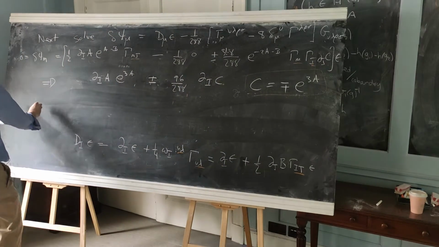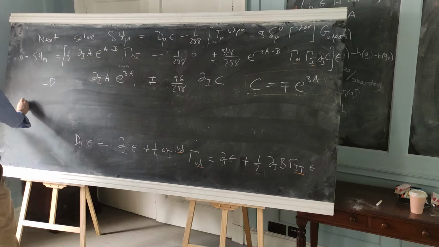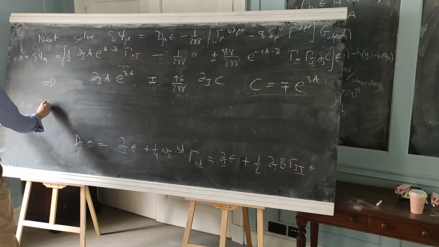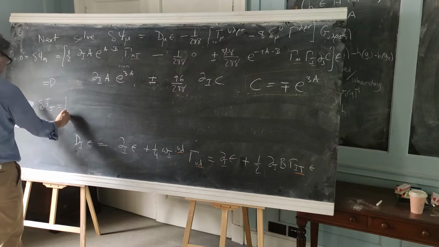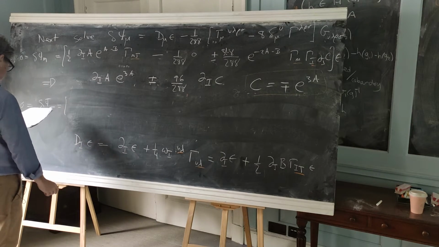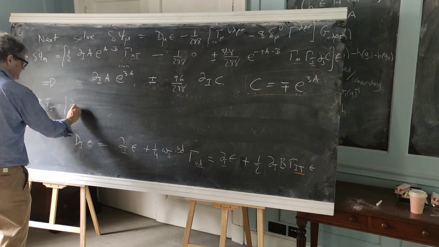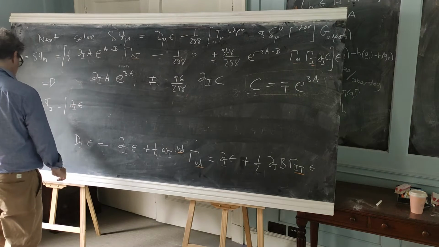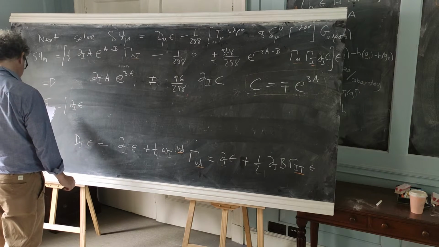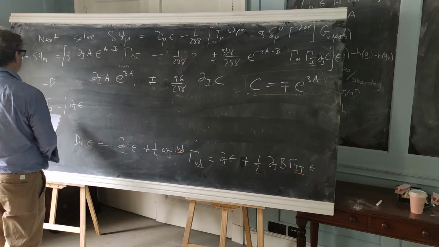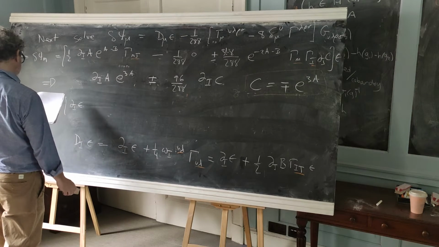The next one, which is 0 equals delta psi I. So now I have the full Monty, because I've got di epsilon... hold on, what am I doing? Yeah, that's right.